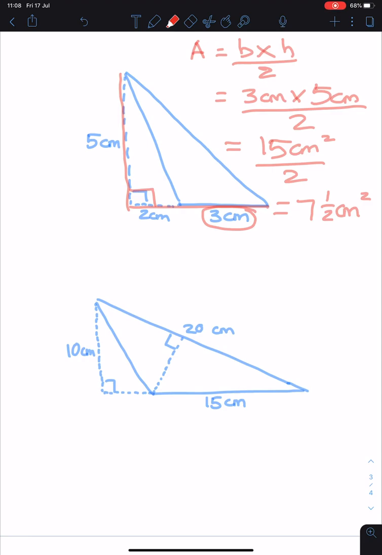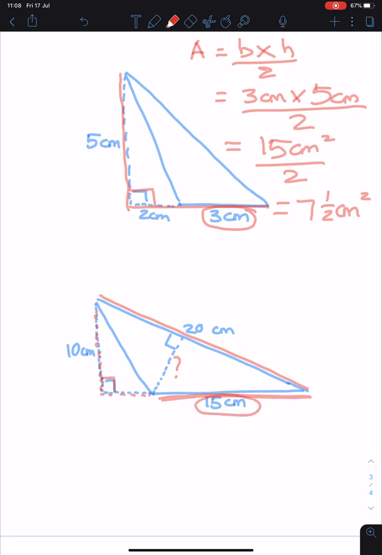We could use this as the base because there is a right angle, but we have no measurement for the height, so we need to create a new base. So you will see that I've brought the side of the rectangle down to give me another right angle. So this is now our base.